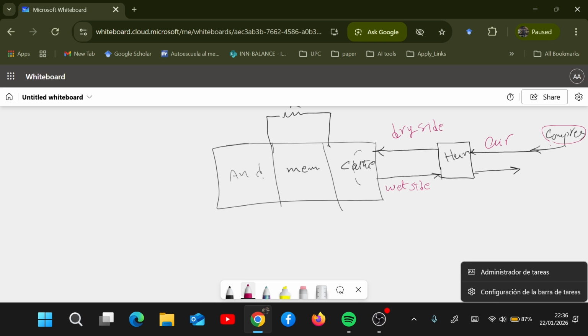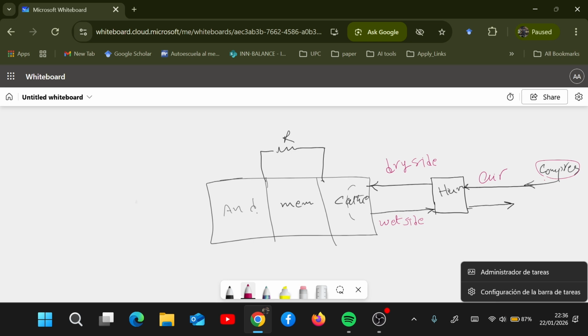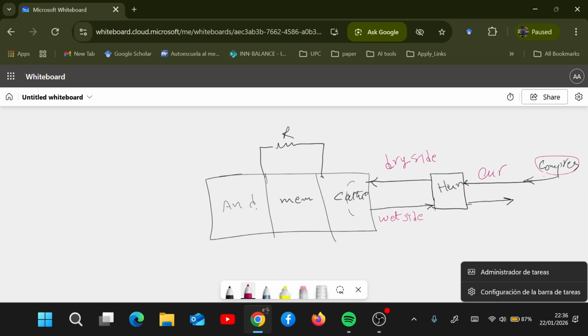So the question is why the amount of water content in the air is important for the stack. As you know, the membrane is the most important part of the stack.